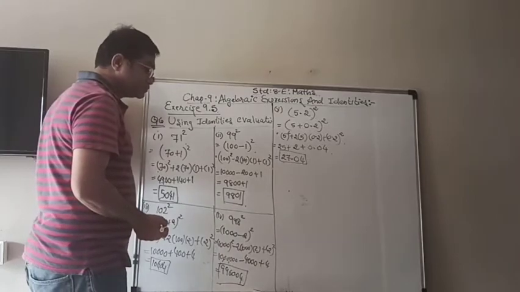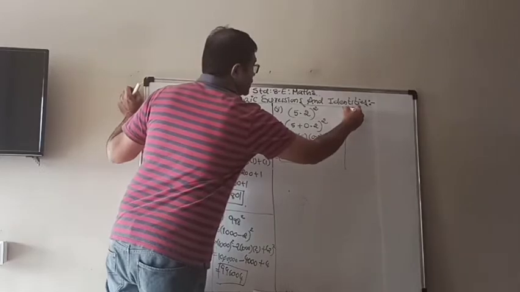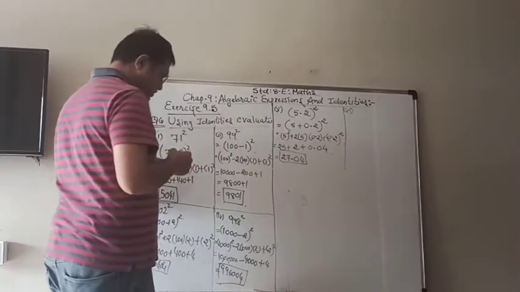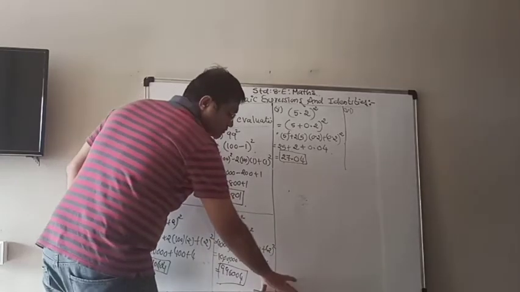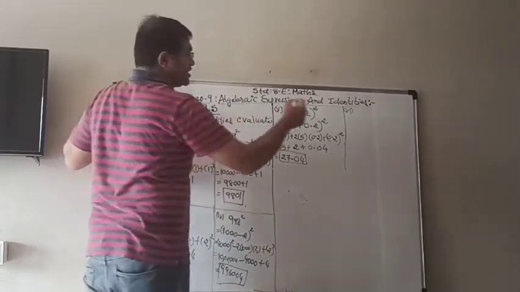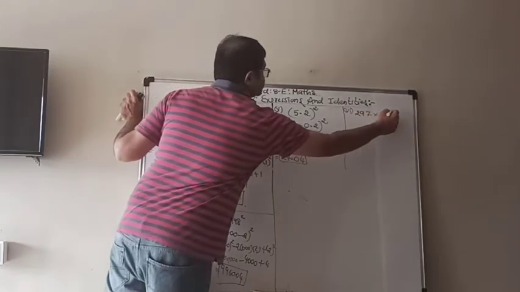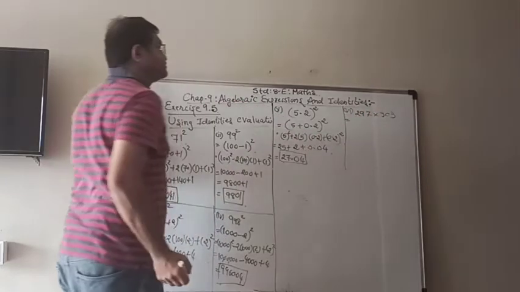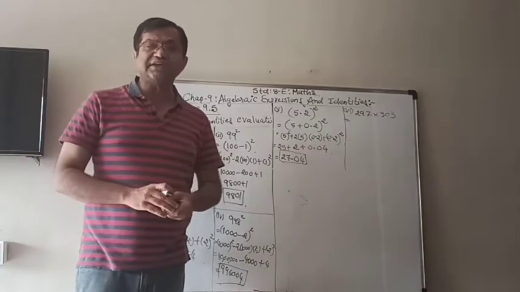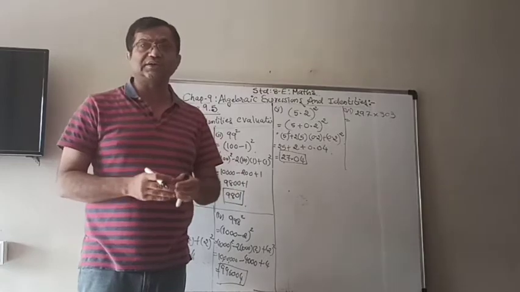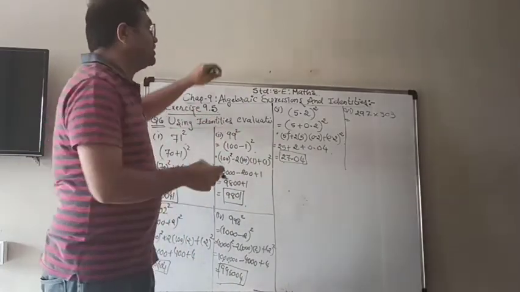Sixth one. In sixth one you can see that it is a little different. 297 multiplied by 303. Now you can see that 297 and 303, in the middle of both you will have 300.